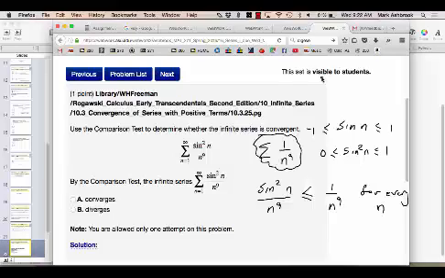Conclusion? By comparison, convergent. Every term of the one we're analyzing is less than or equal to the terms of a series that converges. So our sum is going to be less than the sum of 1 over n to the ninth, and if it's less than a convergent series, it's convergent.